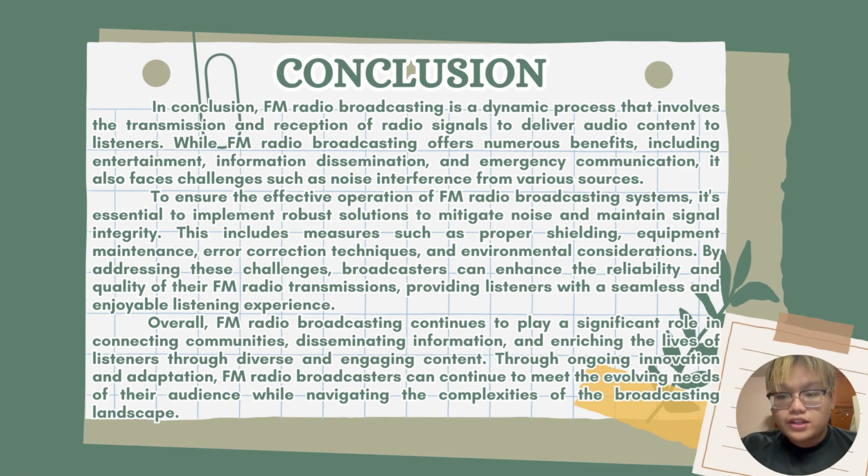To ensure the effective operation of an FM radio broadcasting system, it's essential to implement robust solutions to mitigate noise and maintain signal integrity. These include measures such as proper shielding, equipment maintenance, error correction techniques, and environmental consideration. By addressing these challenges, broadcasters can enhance the reliability and quality of FM radio transmission, providing listeners with a seamless and enjoyable listening experience.